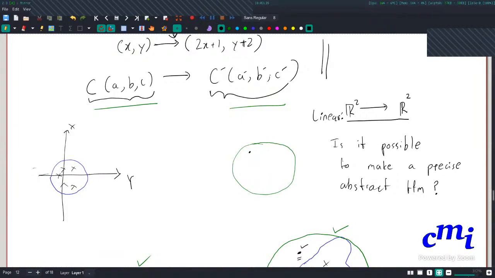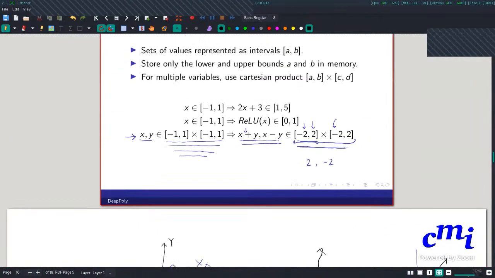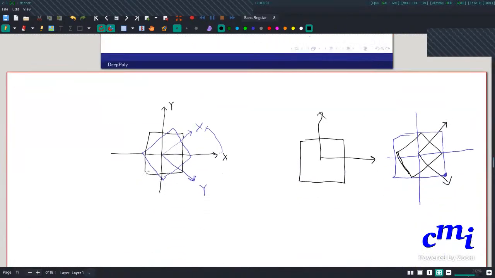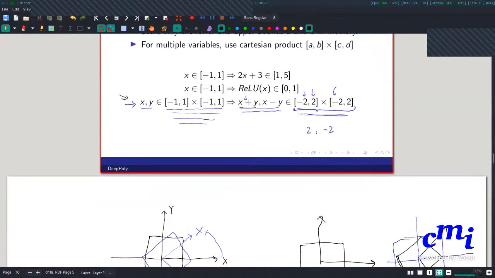Like the question that you had, if it's a single variable, interval abstraction is precise. Yeah, it's always precise. So for two-dimensional space, is this precise? For example, what we saw in this example says that for linear transformations in two-dimensional space, axis-aligned boxes are not precise, right? No matter what you do, for this particular linear map that takes x, y to x plus y, x minus y, you can't come up with a box on the other side that is not going to contain any extra points, right?